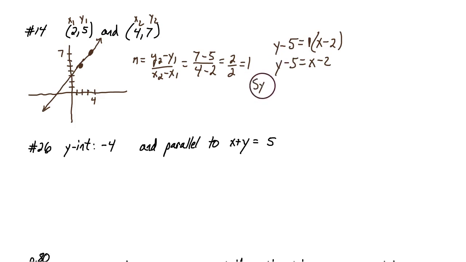Now let's subtract y from both sides. We get -5 equals x minus 2 minus y. Now add 2 to both sides. -5 plus 2 is -3. And that equals x minus y. If we use the symmetric property, we can make this look like ax plus by equals c.